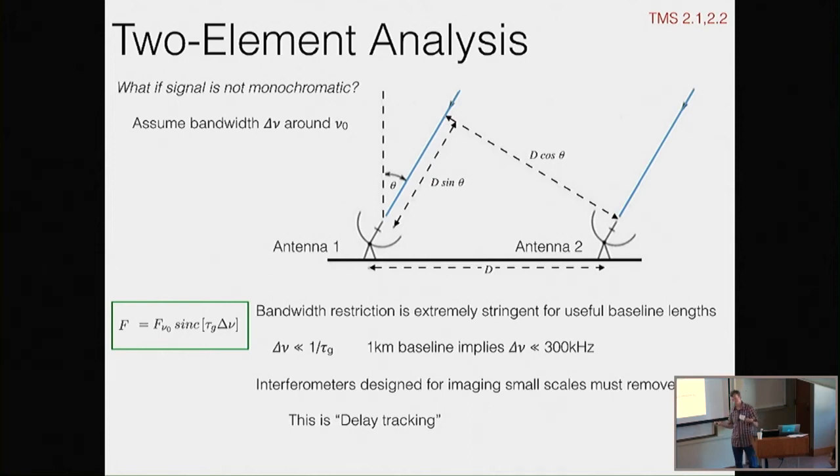Or before we had digital signals, we could delay the analog signal arrival time at the correlator with complicated tricks of waveguide and trombone tubes and so on. We call this delay tracking, and it's essential to the way interferometers work, at least at high frequencies or where we're trying to achieve high resolution.